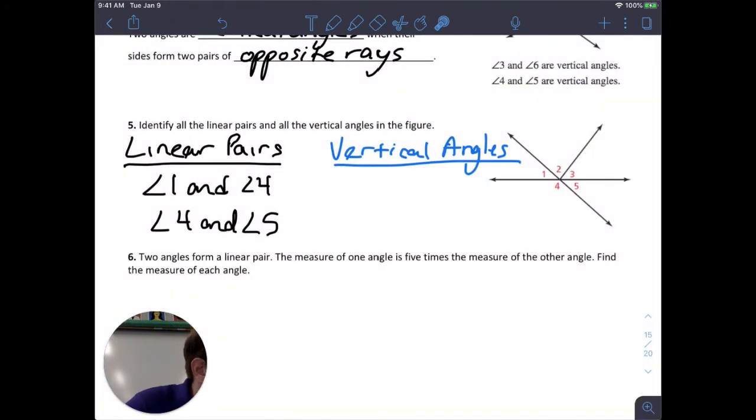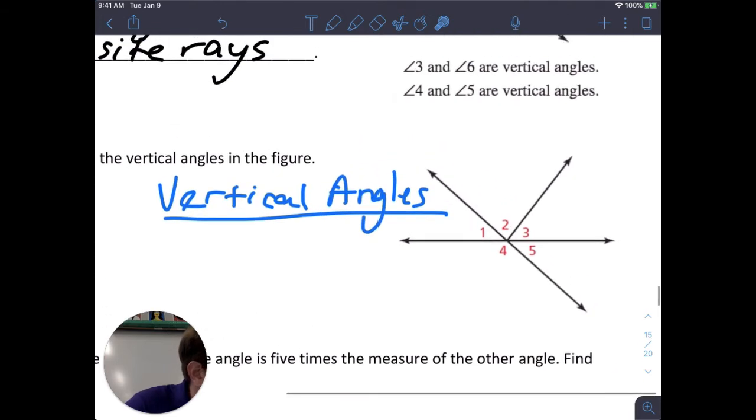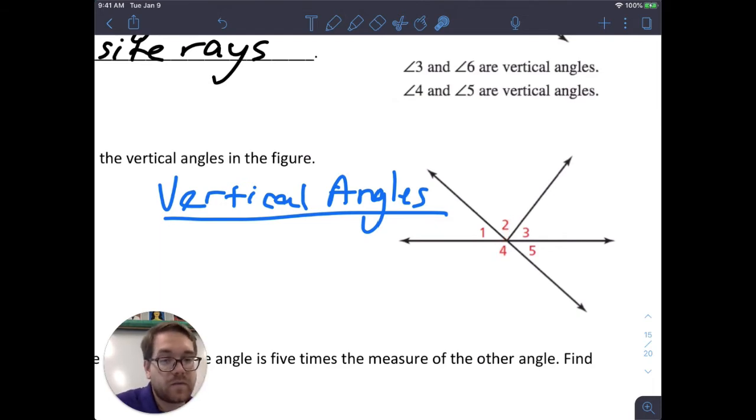We can see in this figure here, and you want to be careful because sometimes it can be hard to tell. If you use the figure above to help you, it's a little bit easier. But if I'm looking at 2 here and then 4, those aren't perfectly forming opposite rays. They may be across from each other like what we saw in the picture above, but that doesn't make them vertical angles.